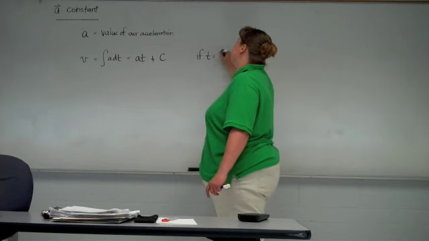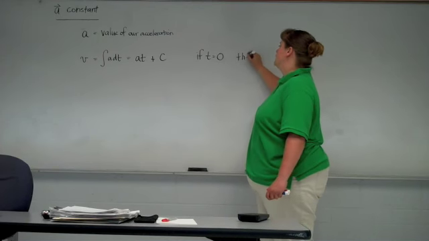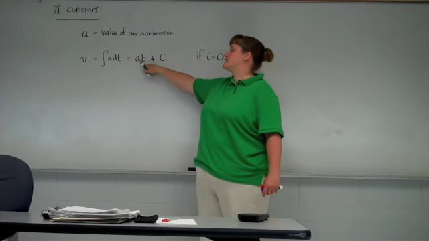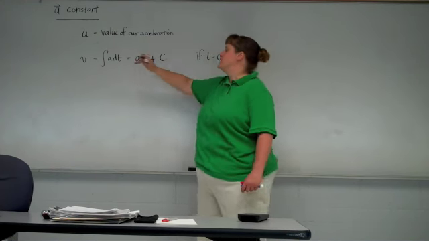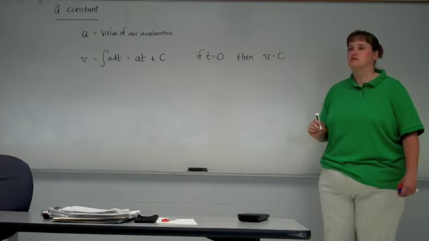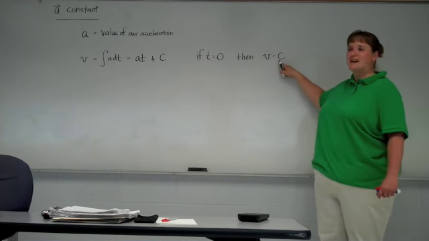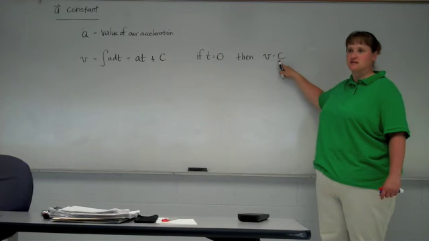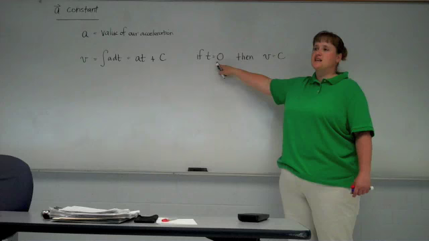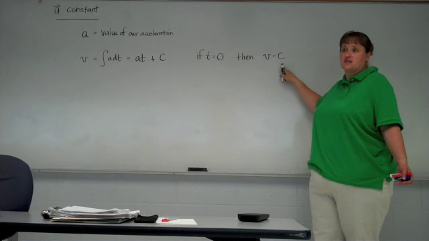If t equals 0, if I put in 0 for t, that term goes away, so I get v is equal to c. If v equals c, then c has to be some sort of velocity. If t equals 0, then this is going to be the initial, whatever that starting velocity happened to be.